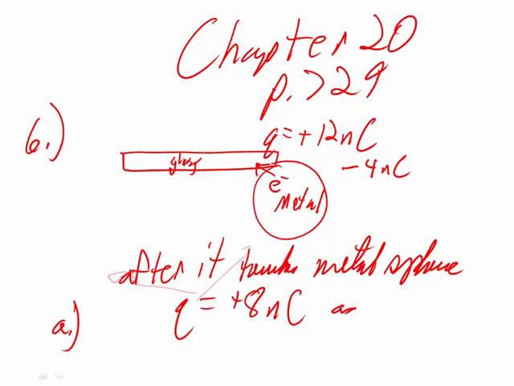So we would have added negative 4 nanocoulombs of charge to the rod. And which direction would it have gone? It would have gone from the sphere to the rod, okay? That's pretty easy, okay?